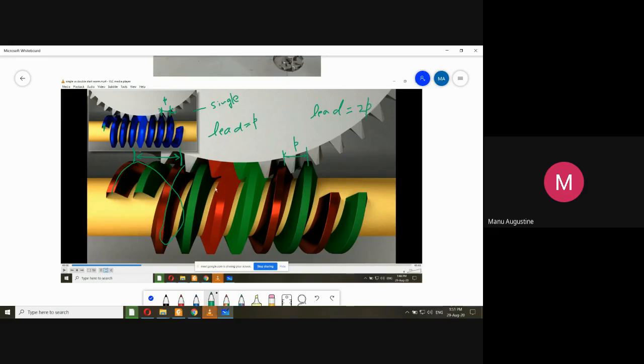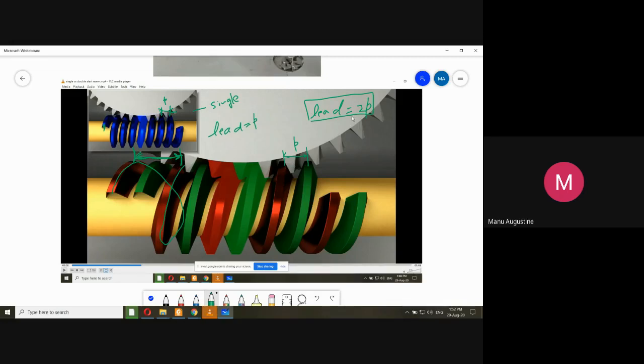Because a double start thread in one rotation will enable this much distance of the worm to move in the forward or horizontal direction. So lead of a double start worm is equal to twice the pitch of the worm. Pitch remains the same. Pitch is simply defined as the distance between two adjacent teeth. That is the definition of pitch.